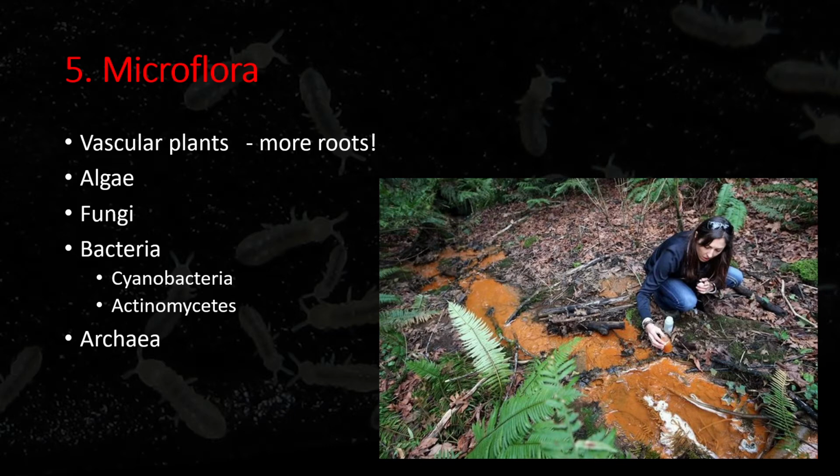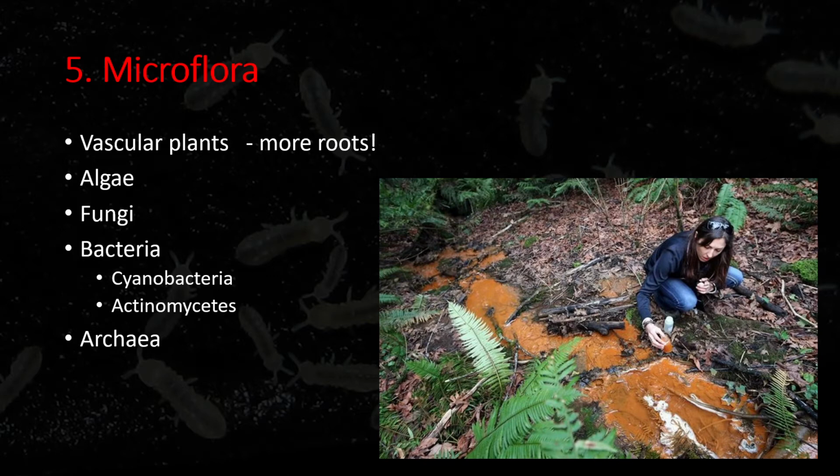So our microflora are all of our tiny plants. "Plants" is the wrong word, but it's the term we use for the organisms that are living in soils that aren't moving around like animals. We call them soil flora. This includes the tiny little root hairs on vascular plants.